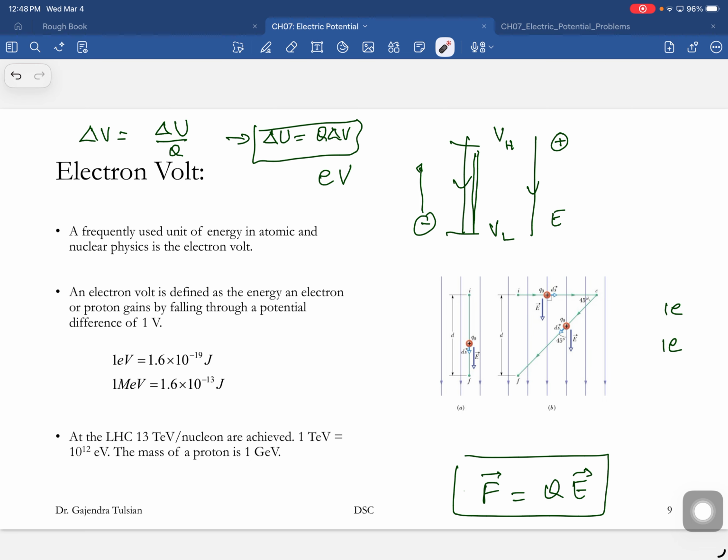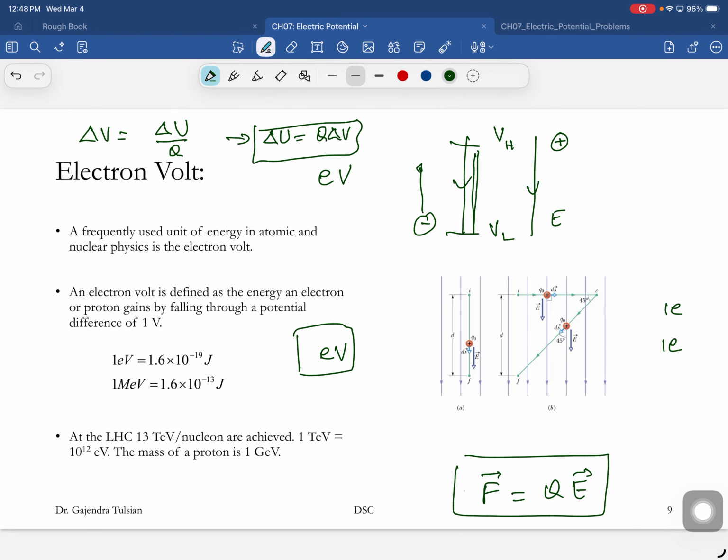Now, if you're doing any chemistry, the reaction energies involved in a single reaction, let's say H2 combining with oxygen, are of the order of electron volts.